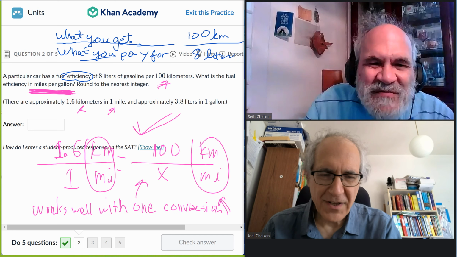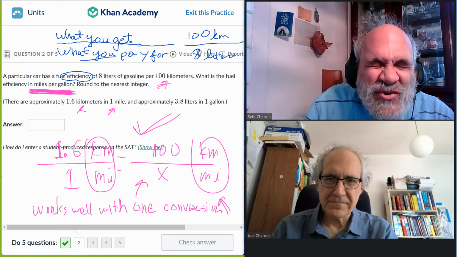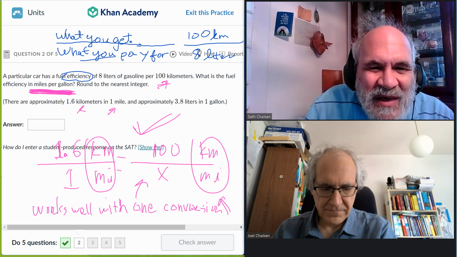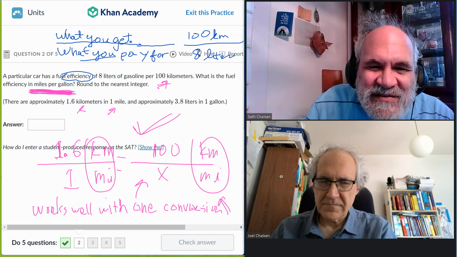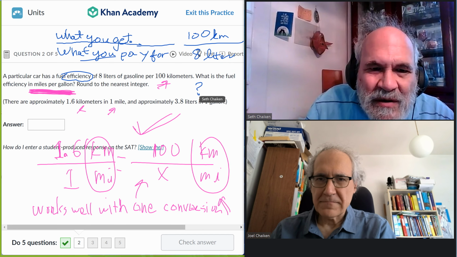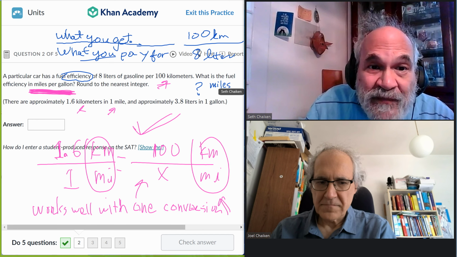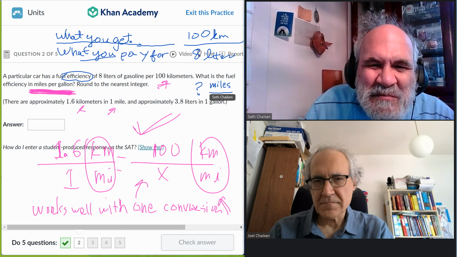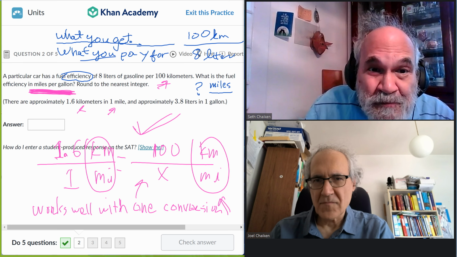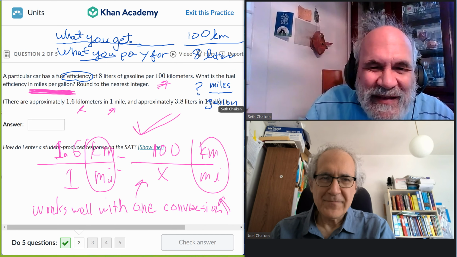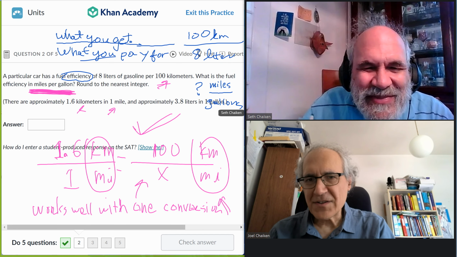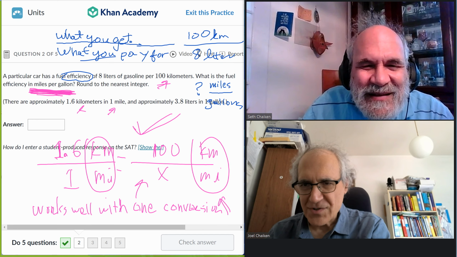That's the metric. You want to convert that into the unit of efficiency used in the United States, which is miles, because in the United States we measure car trip distance in miles, and we measure volume of fuel in gallons.